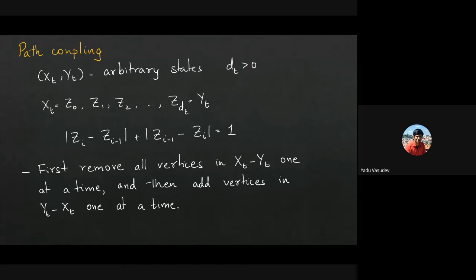So we are going to define the coupling between xt and yt, and we are going to use the fact that for every consecutive pair of states, we have a bound on the way in which it varies. And we can use that to bound the variation between xt and yt as the Markov chain progresses.